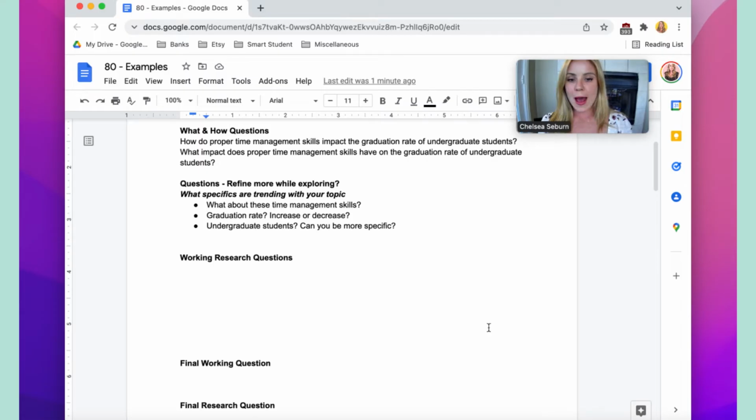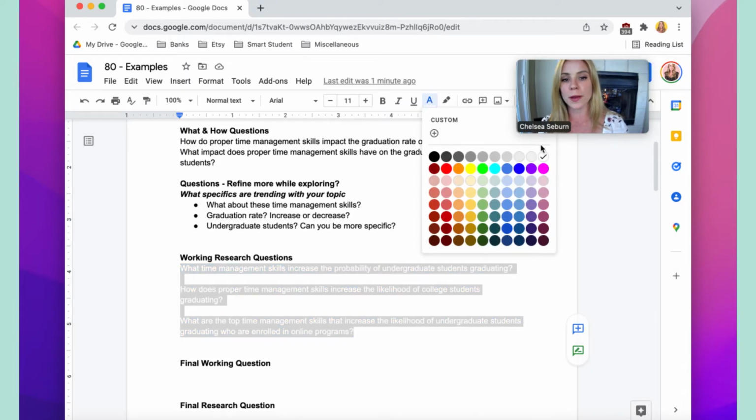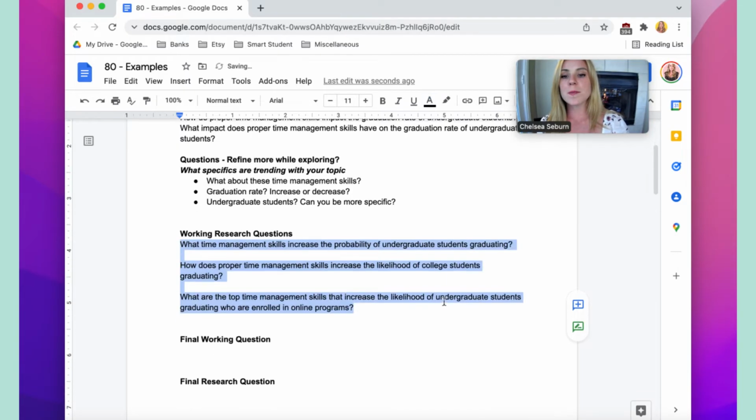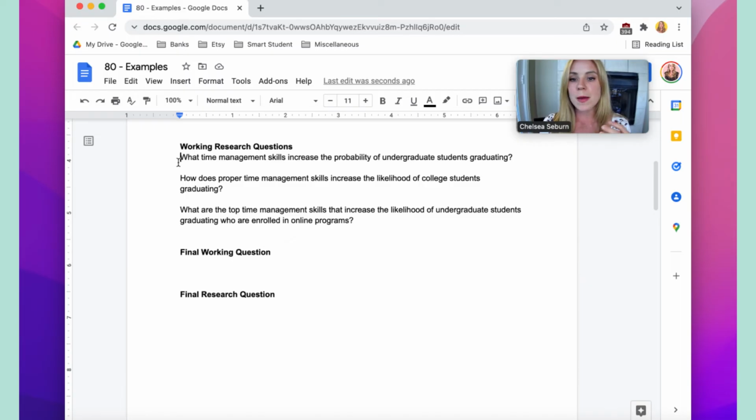And so as you're doing this, you're going to be taking those basic research questions. Now we're coming up with some working research questions. So these are going to be a little more definitive, a little more finalized, but not quite there yet. And so, for example, maybe the first thing we start to notice is increase the probability of these undergraduate students graduating.